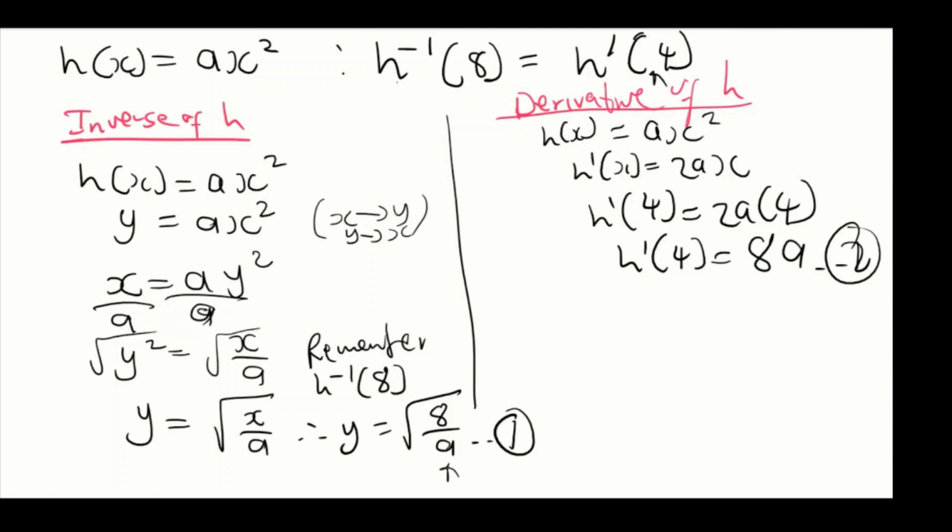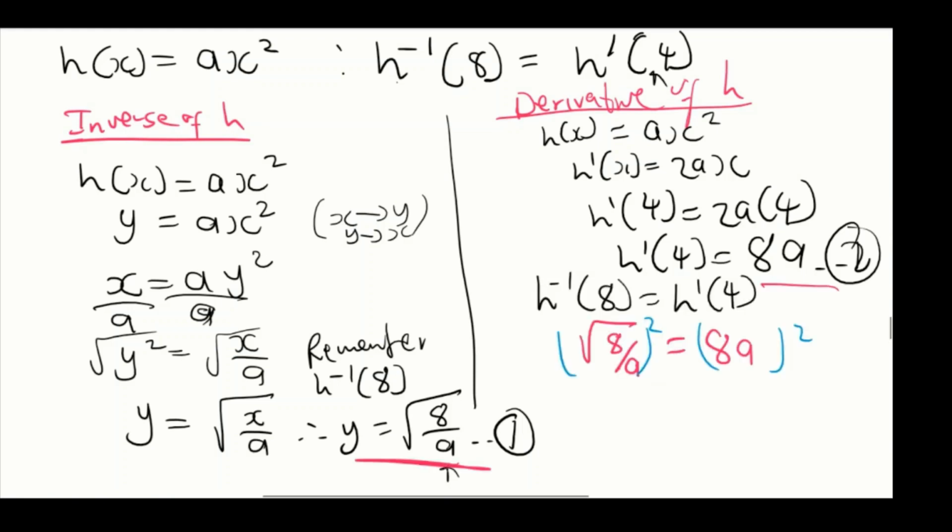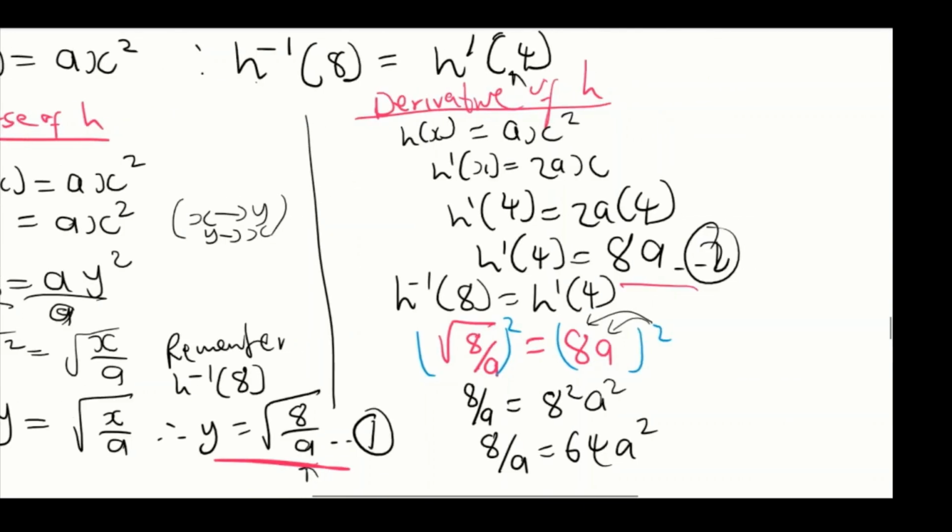Remember, we're trying to find a, so we're going to square both sides to remove the square roots, and then we'll remain with 8 over a is equals to 8 squared. So this squared will multiply any power that it finds here. It's going to be 8 squared a squared. Having 8 over a is equals to 64 a squared. And then to complete this on a new page, we have 8 over a equals to 64 a squared.